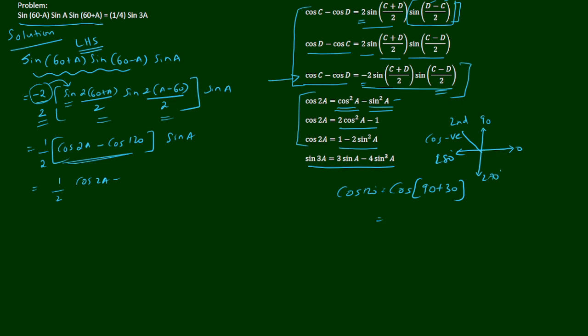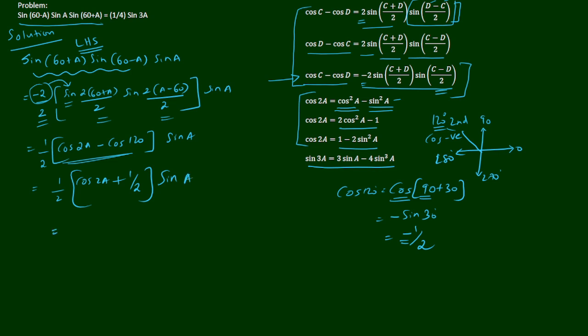So cos 120 is in the second quadrant, so you got to introduce a minus. Because it's 90, you got to change the cos term into sin 30. Sin 30 is actually 1 by 2. So minus here and the minus here makes it a plus 1 by 2, sin A.